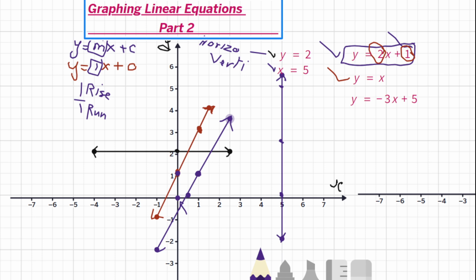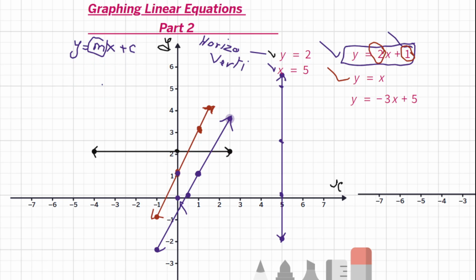That's the fourth line, actually. Now we just have one line left to graph, which is this. Let's write it below the form. So y equals -3x plus 5. So what's the y-intercept?